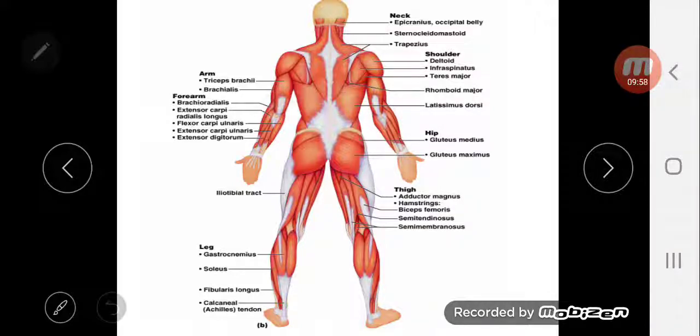And in the leg we have the gastrocnemius and soleus, fibularis longus, calcaneal tendon, muscles of the forearm, brachioradialis, extensor carpi radialis longus, flexor carpi ulnaris, extensor carpi ulnaris, extensor digitorum, and in the arm we have triceps and brachialis.